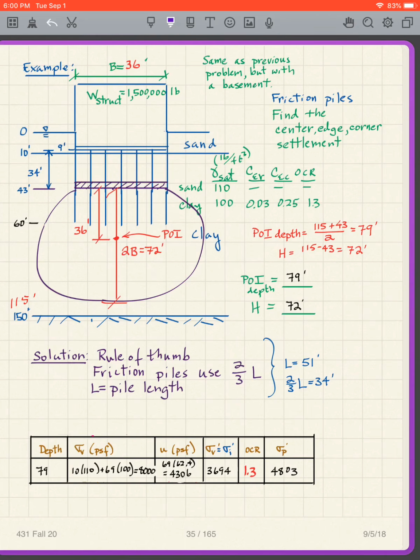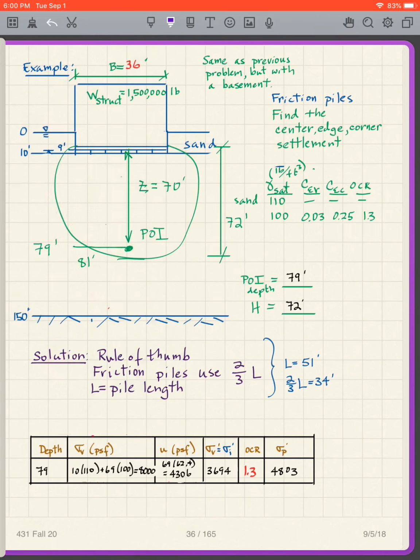And it's very informative here because there's my point of interest, and that's sort of the center of the settlement region. And what we find is that the effect of the basement, where I draw my pressure bulb from the basement, on my point of interest is less than the effect of the weight of the structure.